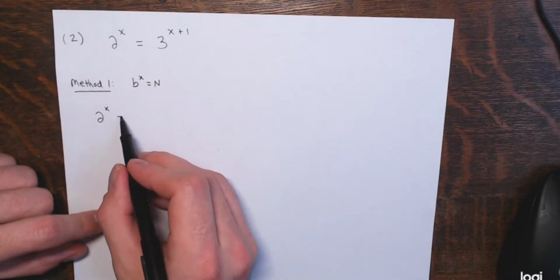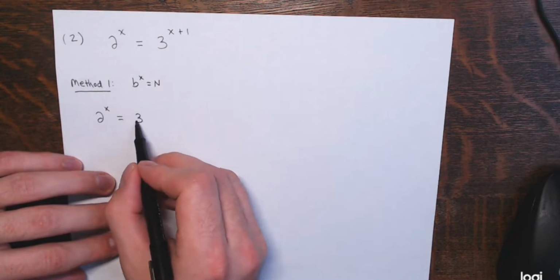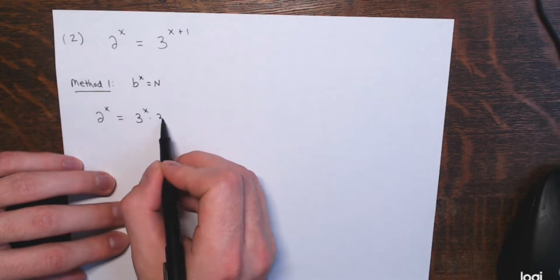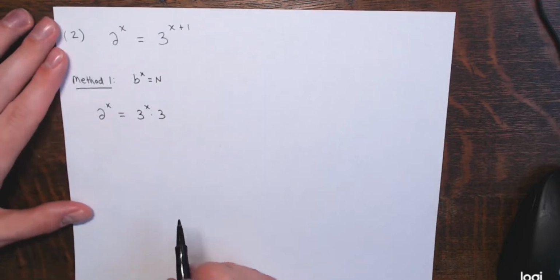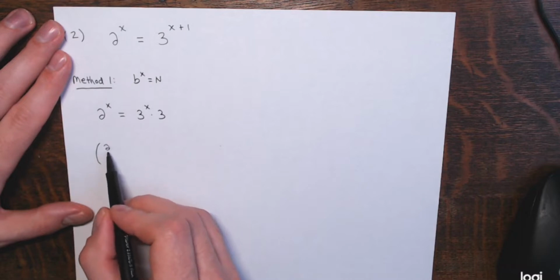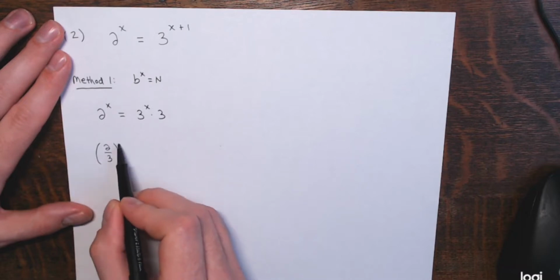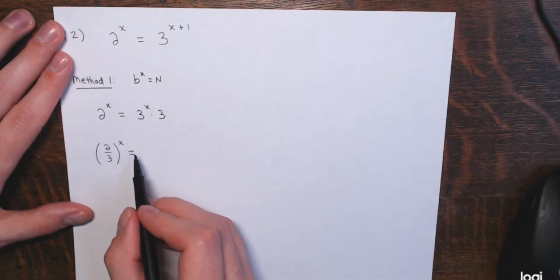It's the right side. 3 to the x plus 1 is the same thing as 3 to the x times 3 to the 1, or just 3 to the x times 3. And then I would divide both sides by 3 to the x, and that would give me 2/3 to the x, after applying the property of exponents, equals 3 on the right.